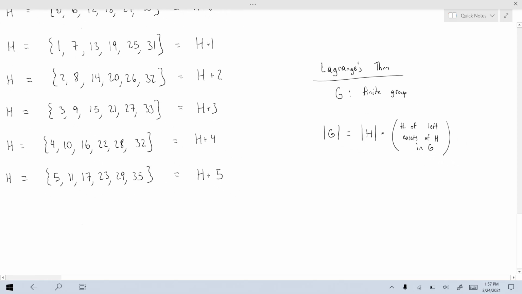And in particular, something very interesting that we note from this equation is that the order of any subgroup H must divide the order of the group G itself, okay?